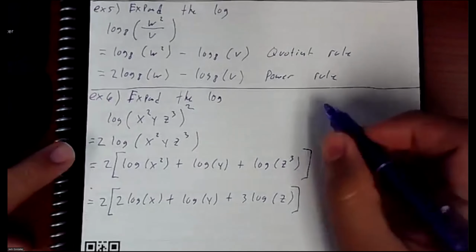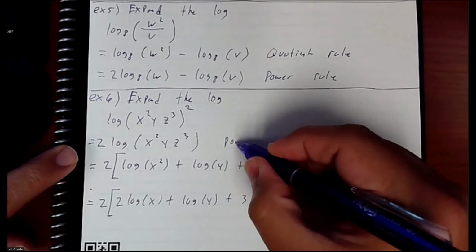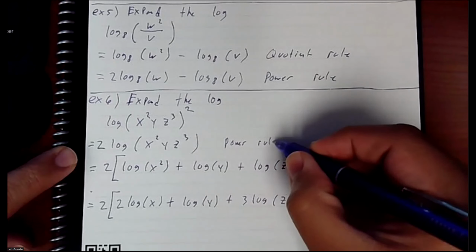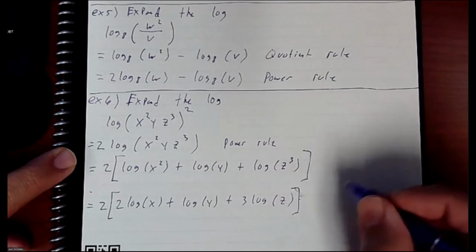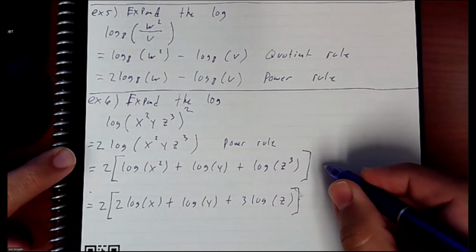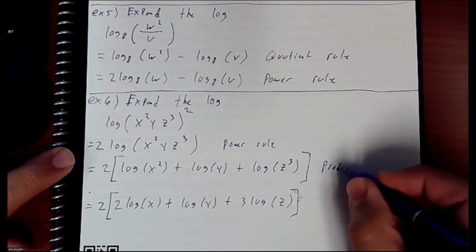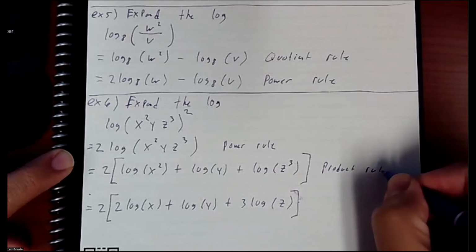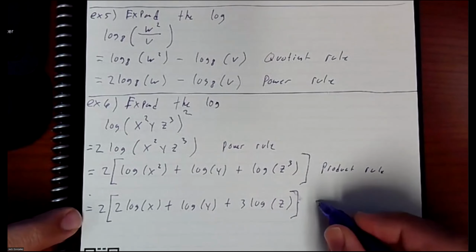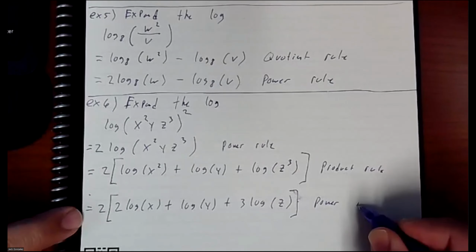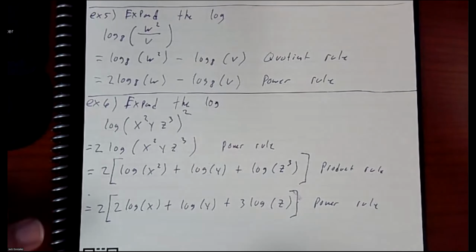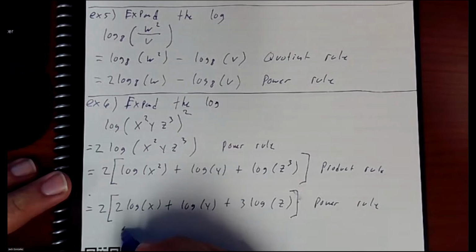So the first thing I did was power rule. Second thing I did was the product rule. Then power again. And then multiply by 2.